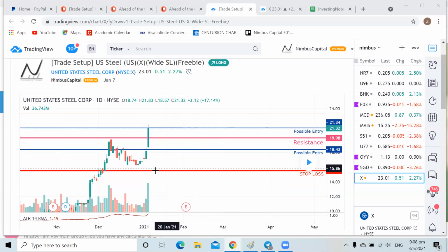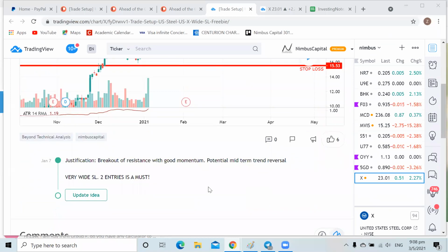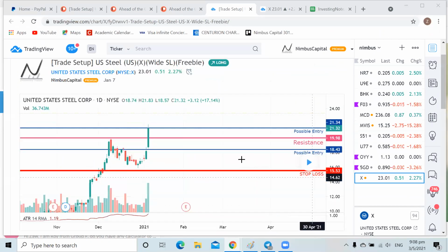Within this particular case study, we will explore how we should go about it when there is a second possible option. If you look at the description below, there's a note that says very wide SL, very wide stop loss. That means the stop loss is set very far from the first entry, the current price.